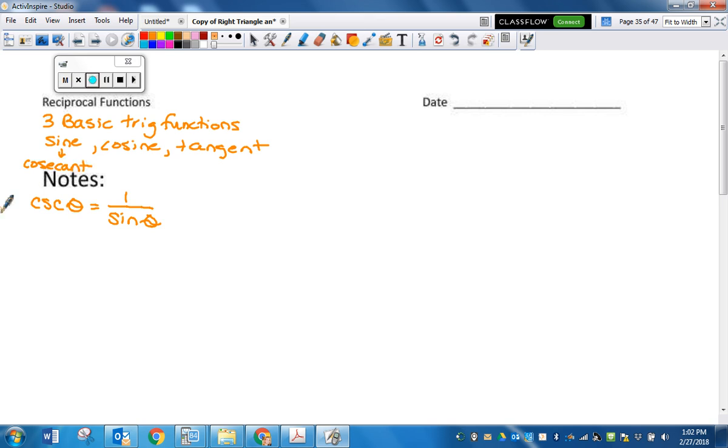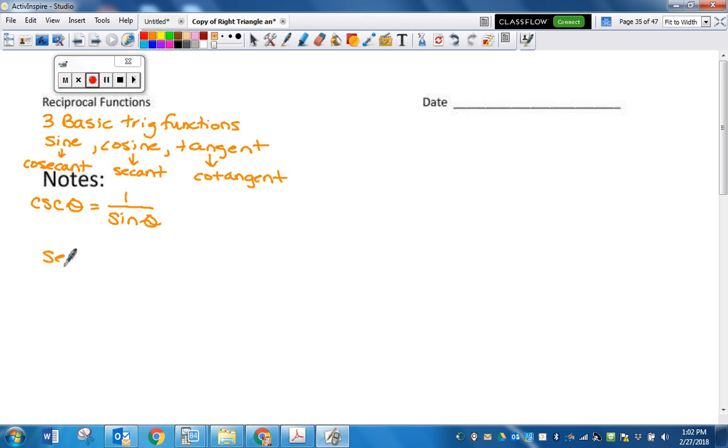The reciprocal of cosine is called secant, and the reciprocal of tangent is called cotangent.